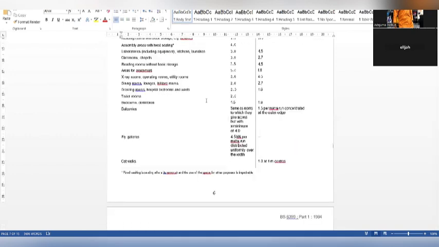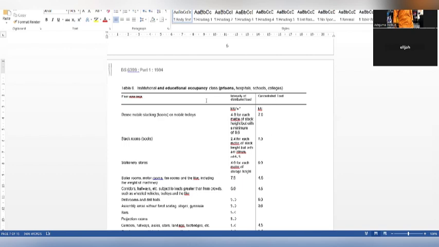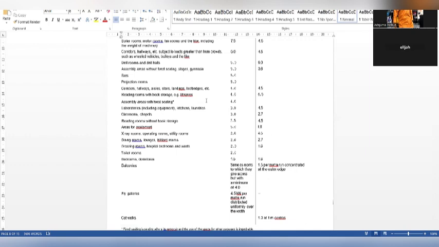All right, so there are different places. We even have the institutional and educational occupancy class, for example prisons, hospitals, schools, and colleges. So this code of practice is basically for the loadings.